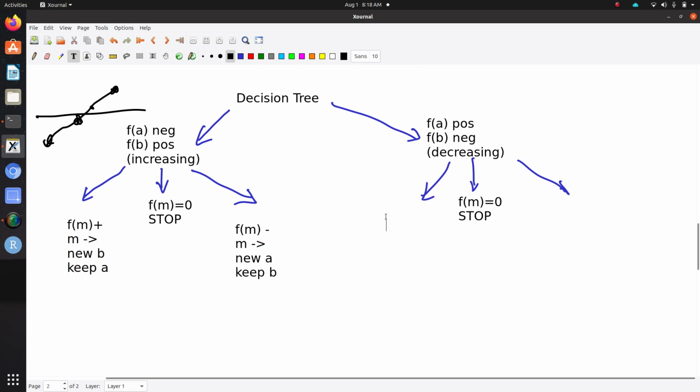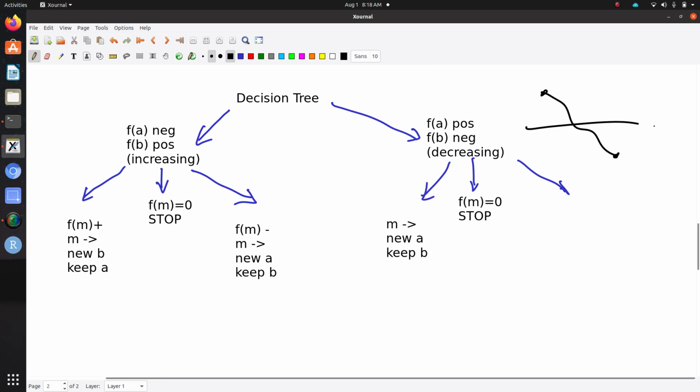Over here we have a situation where m becomes the new a, keep b. Let's make sure that that one makes sense. Okay, and if you have a decreasing function, you've got f of a is positive, f of b is going to be negative, and in this case I didn't say what it was.